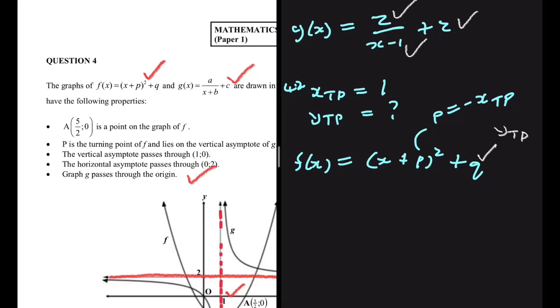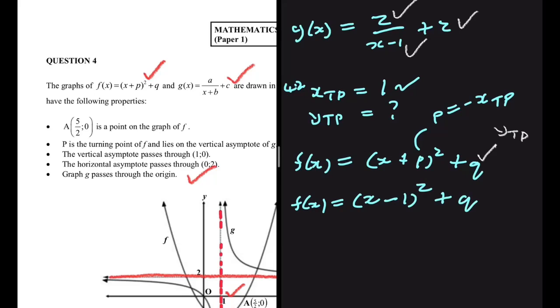Let's go ahead and substitute that before you start feeling bamboozled. We're going to have f of x equal to (x + p)² + q, where p is equal to minus x at the turning point. We said that x at the turning point is equal to 1, so we must substitute minus 1 here. Everything squared plus q, y at the turning point.